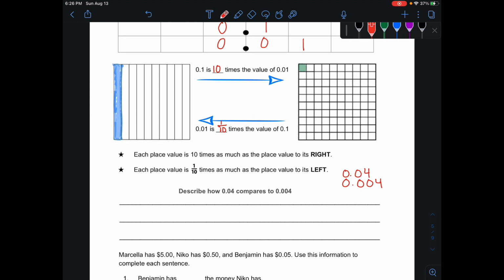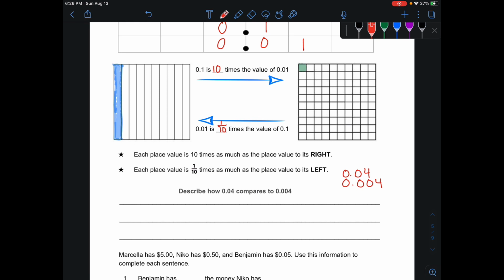So as you can see, 0.04 is greater than 0.004. And since it is only one value over, that means that it is greater than by 10 times. So let's go ahead and write a statement for this.